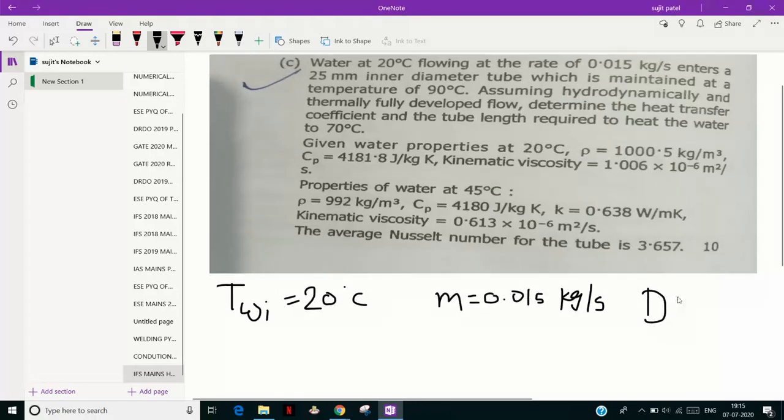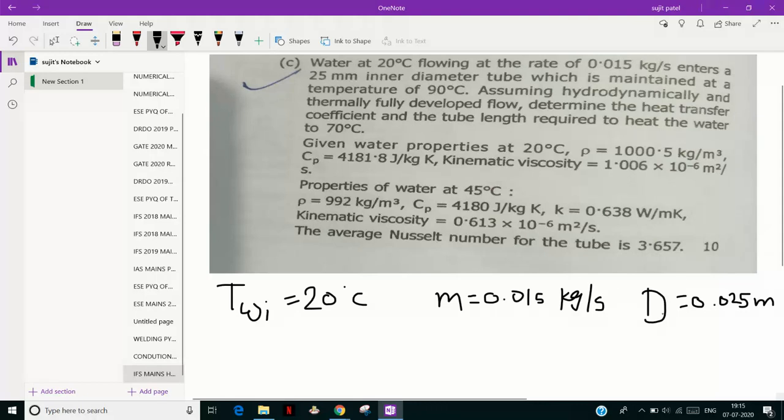So diameter of the pipe is 0.025 meter. I'm writing in the standard SI unit to avoid errors due to units in the final answer.